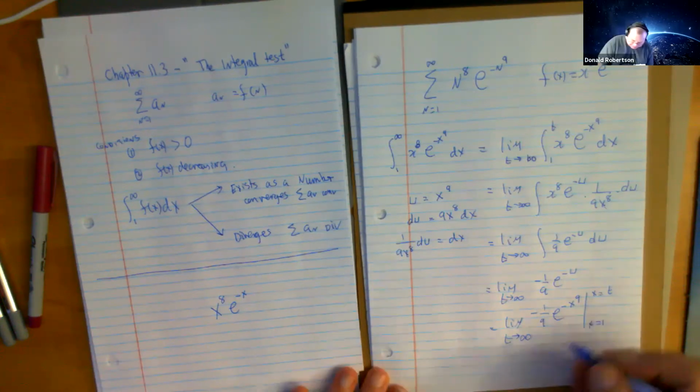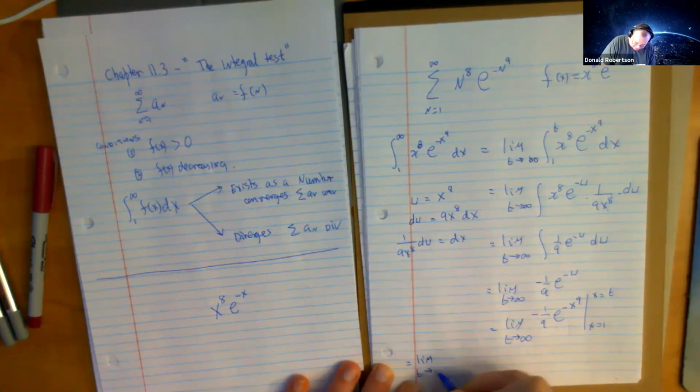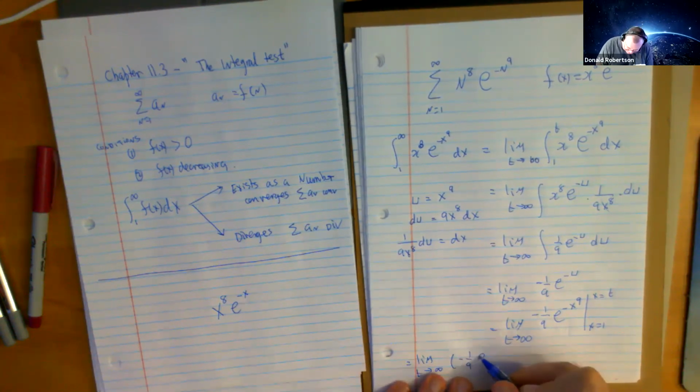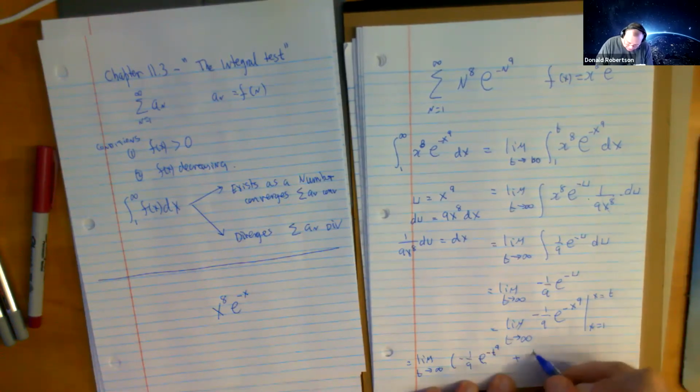Right, now this fella here, it's going to be the limit as t tends to infinity. If you plug in t here, you get negative 1/9 e to the power of negative t to the 9. Takeaway means an add, so you're going to add 1/9 e to the negative 1.